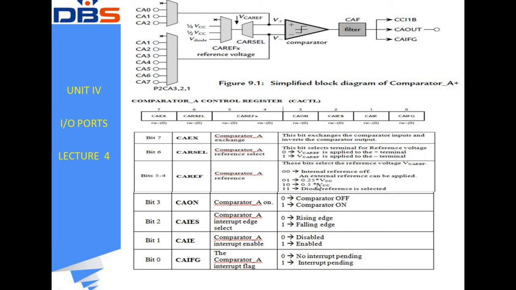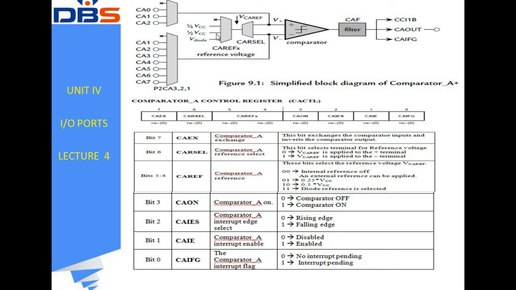When it enters into 0 1 mode, then 1/4 of VCC is taken as the reference. I repeat, when bits 4 and 5 are 0 0, then the internal reference will be in the off position and we are going to take the external reference value.